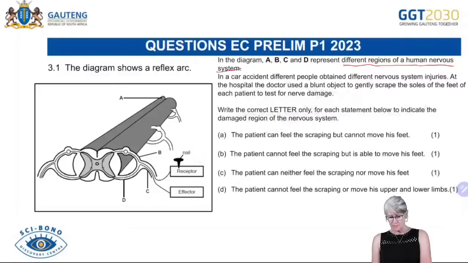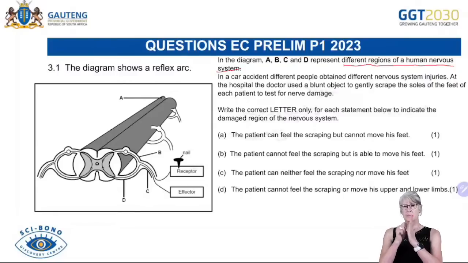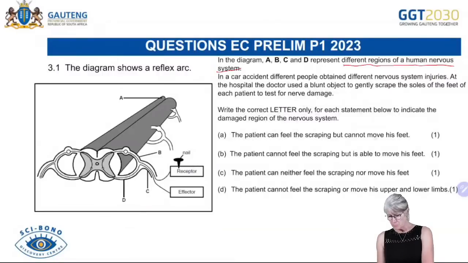For each statement below, indicate the damaged region of the nervous system. So the first one says the patient can feel. So when the doctor scrapes his sole with that blunt instrument, he can feel it, but he can't pull his foot away. So he can feel the scraping, but he can't move his feet. So which part of the nervous system? The sensory, he's still able to sense what's happening, but he can't move.